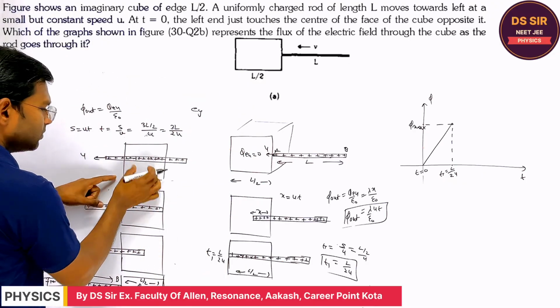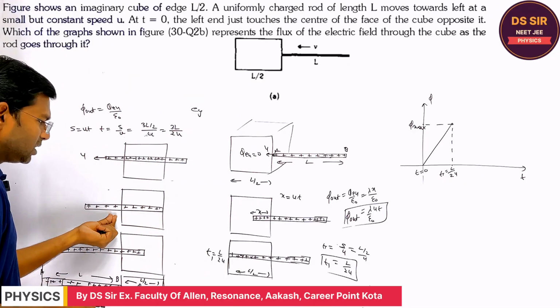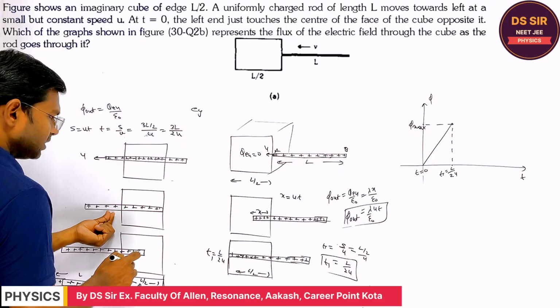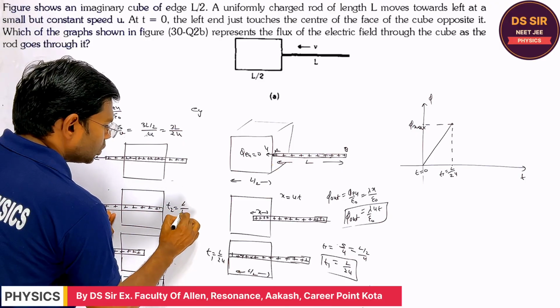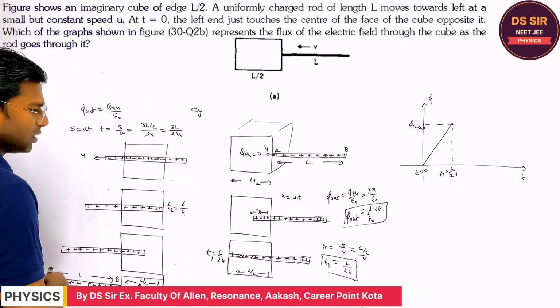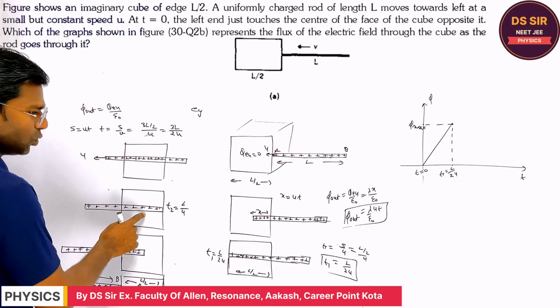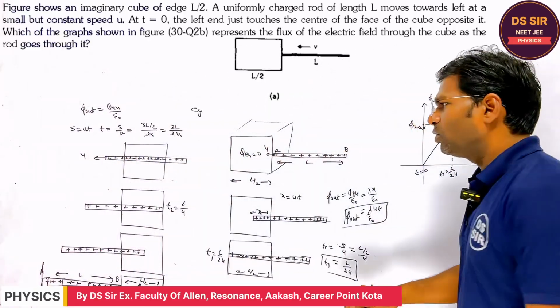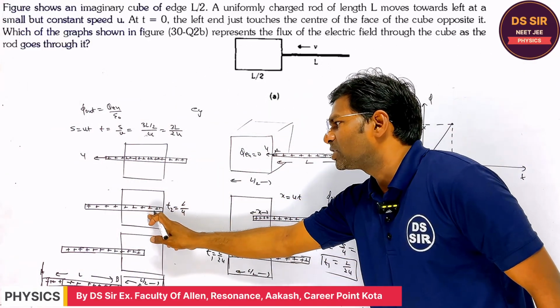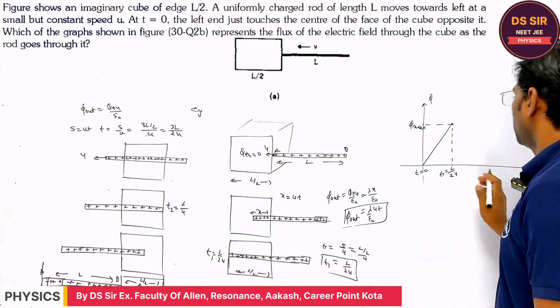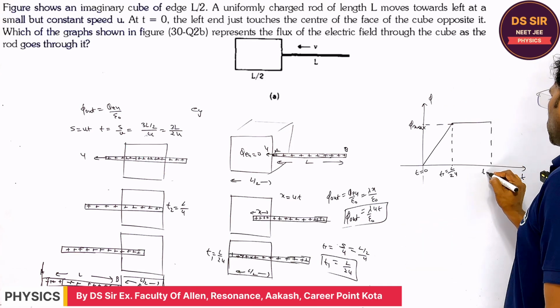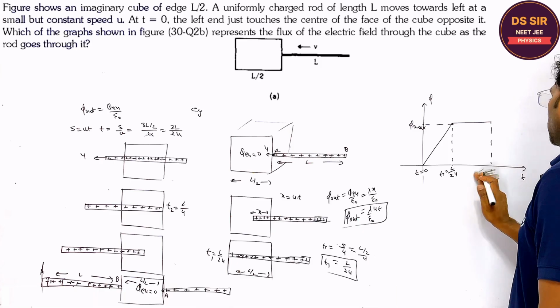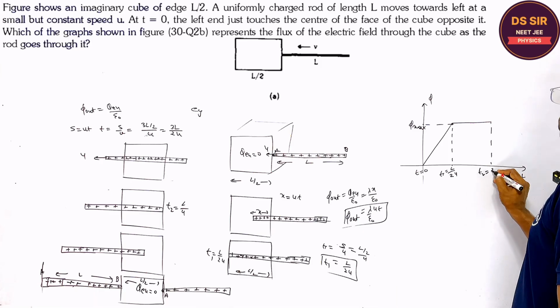The charge will be maximum and it will stay the same till this point, right? And this happens at time t2 is equal to L upon u, right? One more L upon u time it will take to reach this position. Therefore the charge is constant, and the flux will be constant till t2 is equal to L upon u.